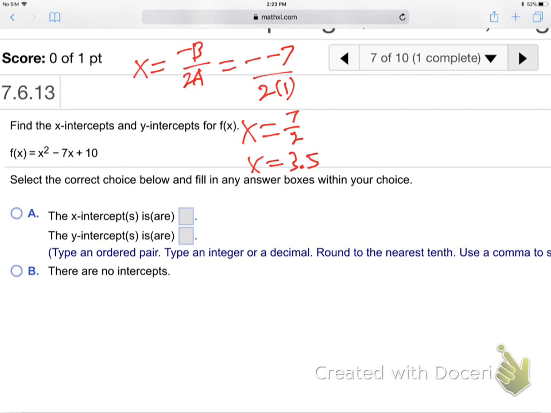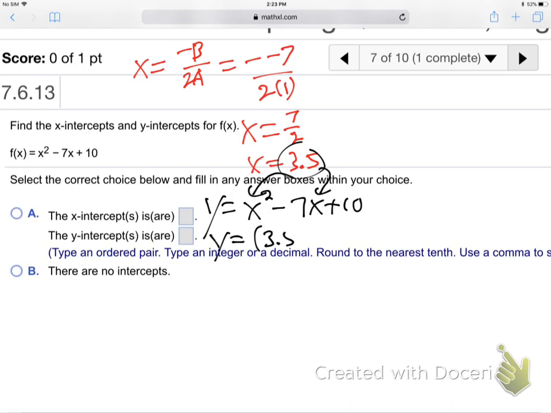So that's x. Now plug that in. Just use your calculator. Just plug in to the original y. I think 2.25.